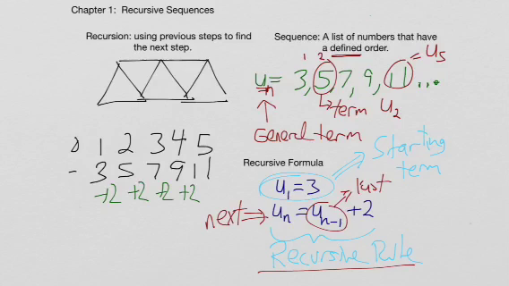We're using the previous number to find the next one. If we don't have the previous number, we can't find the next number. So when we write one of these recursive formulas, we must have both parts, both a starting point and a recursive rule, which helps us find any point along the way.